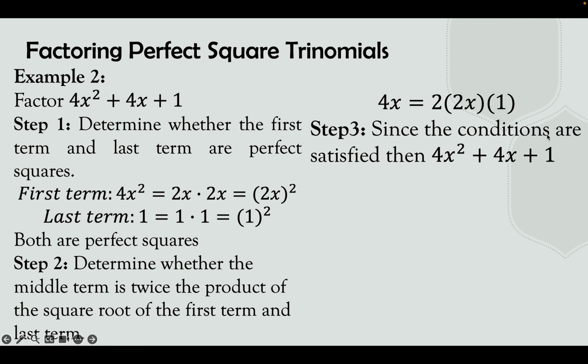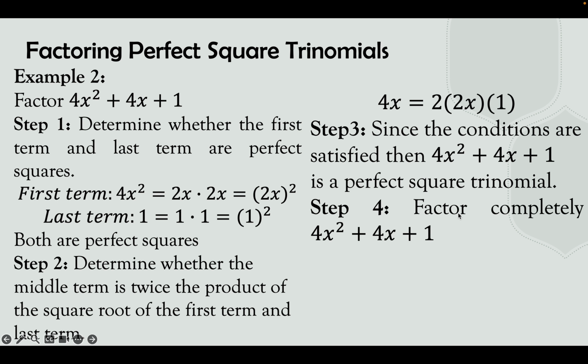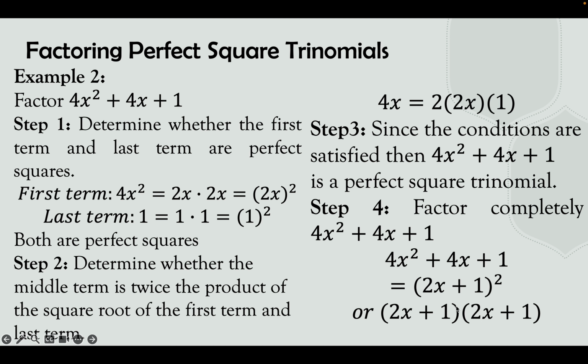Since conditions 1 and 2 are satisfied, 4x² + 4x + 1 is a perfect square trinomial. So we can factor it completely as (2x + 1)², with 2x as the first term and 1 as the last term, or (2x + 1)(2x + 1).